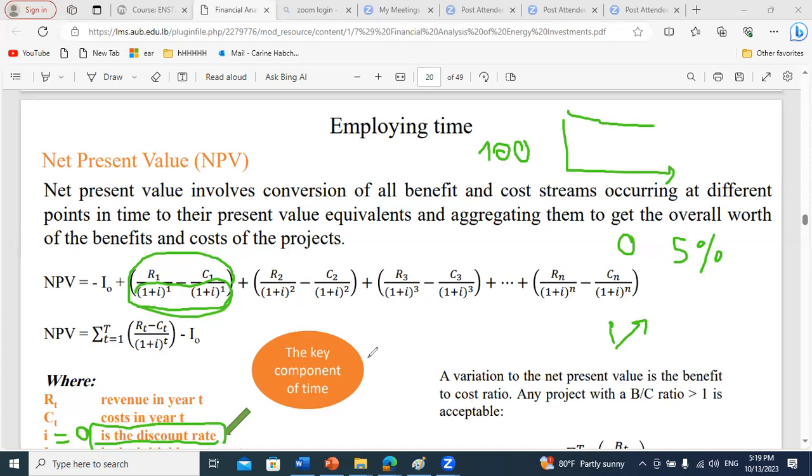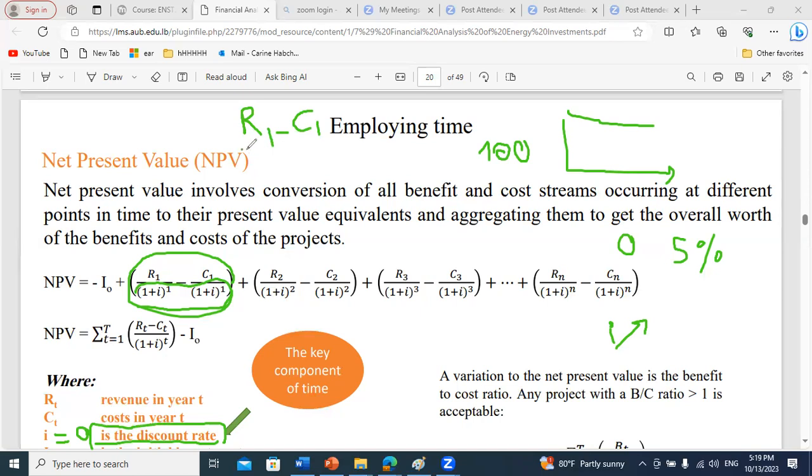So if we go back to our formula, we can consider that for each year, the value of my money is decreasing. This is why, for year one, when I do the balance between revenue and cost, R1 minus C1, I should say, when the discount rate is, for example, 2%, this means that each year I will lose 2% of the value of my money.